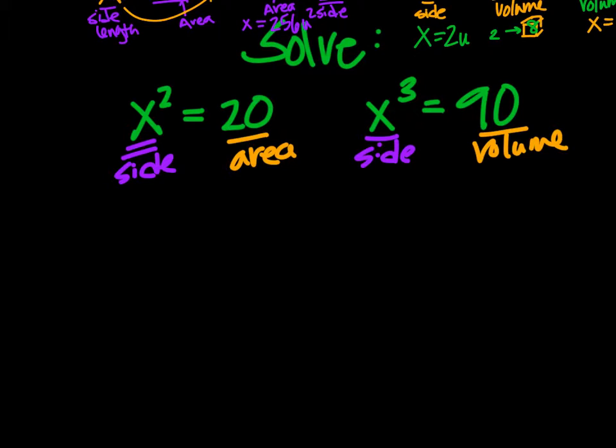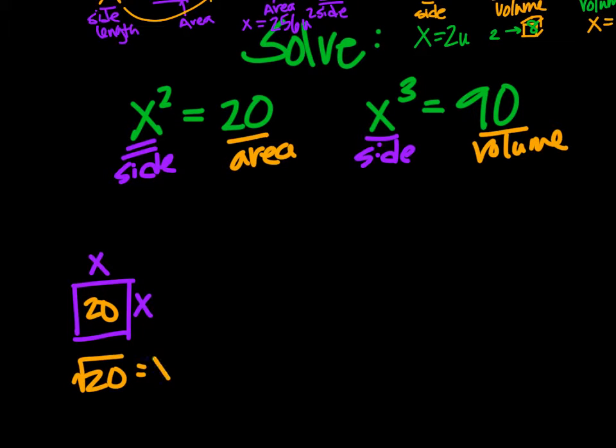So we know that the x is our side because it is being squared or it is being cubed, meaning if I were to take the side length, and say this was x and this was x and the inside is 20, essentially the square root of 20 would get me my x.